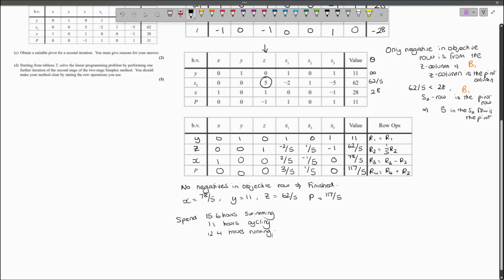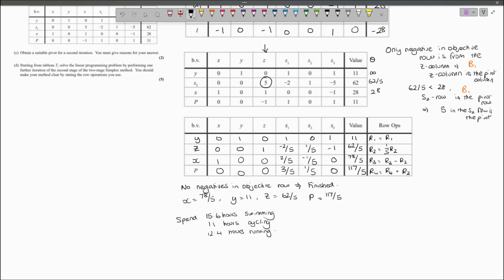And this does satisfy all of our criteria. We've got x plus z greater than or equal to 28. We've got x plus y plus z smaller than or equal to 39. And we've got 40% of our time spent swimming, 15.6 hours out of 39 swimming. So we've hit the exact boundary for all three of these.